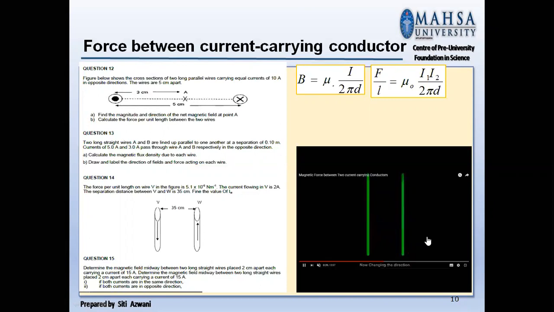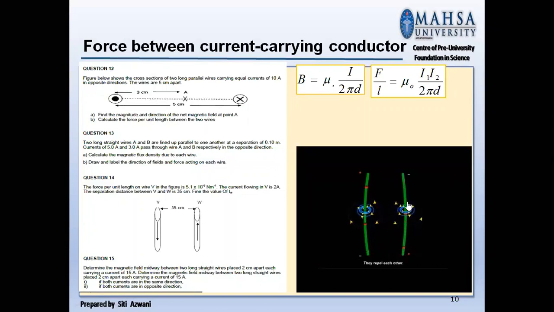How about when you change the direction of the current? Now the current is in opposite direction in each wire. Let's see the B: from the top, this one is anti-clockwise and this one is clockwise, which is opposite direction.